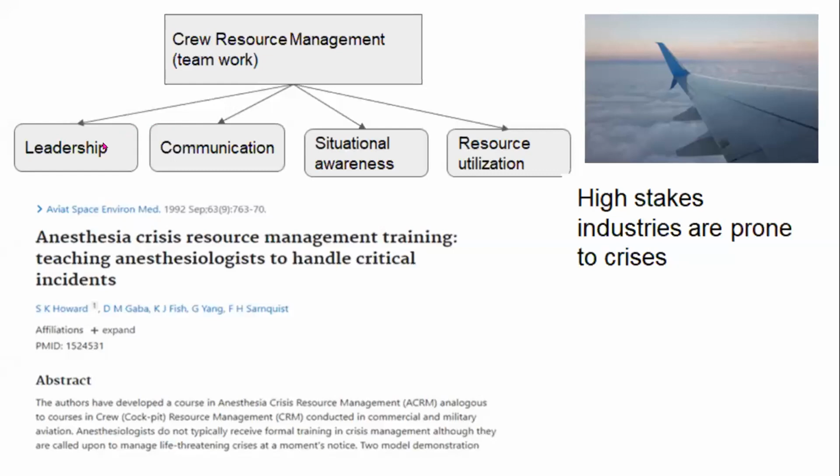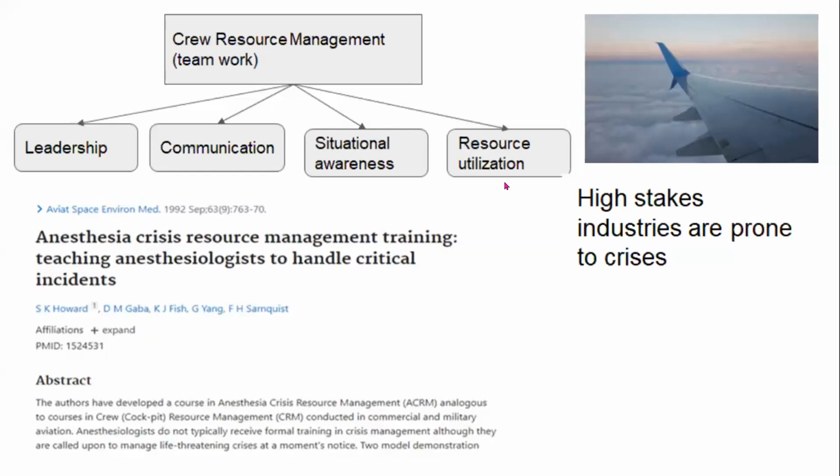It has 4 components. One, leadership, and leadership comes with followership. Then communication, situational awareness, and resource utilization, which also incorporates decision making. So you're using all resources available to make decisions, and resources are people as well as equipment.